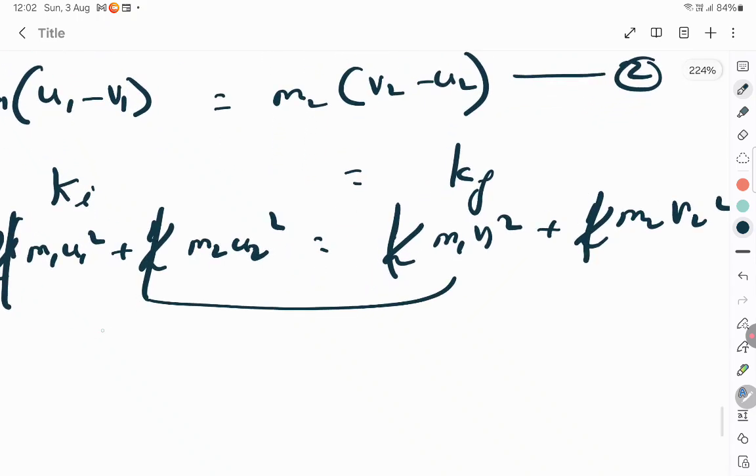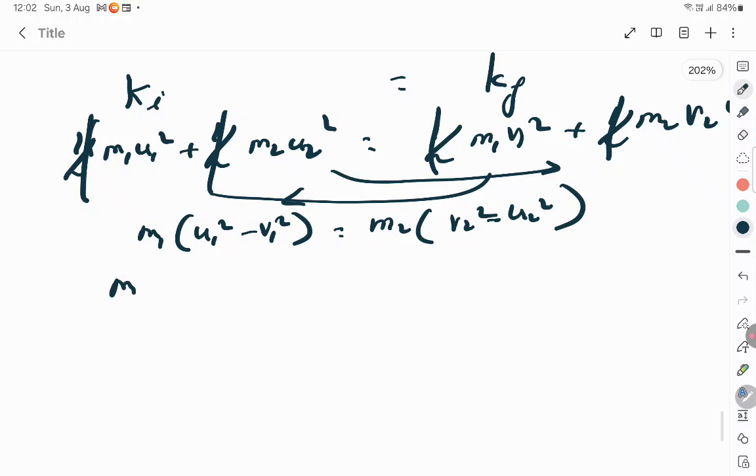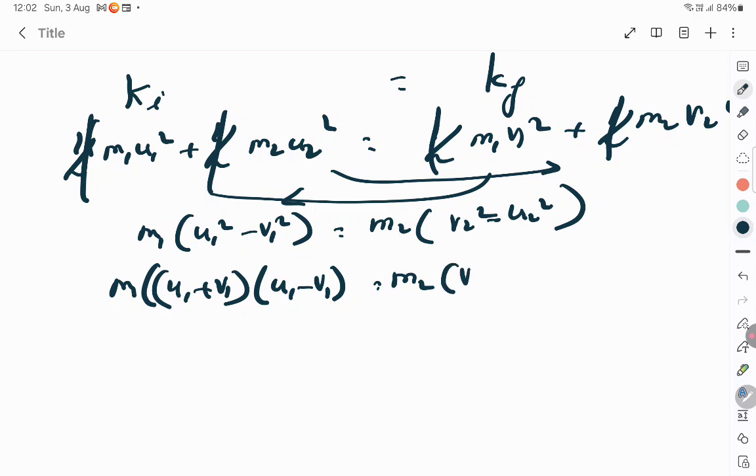Bring the m1 to one side: m1 into (u1 square minus v1 square) is equal to m2 into (v2 square minus u2 square). Write this as a plus b into a minus b: m1 (u1 plus v1)(u1 minus v1) is equal to m2 (v2 plus u2)(v2 minus u2), and mark this as another equation.